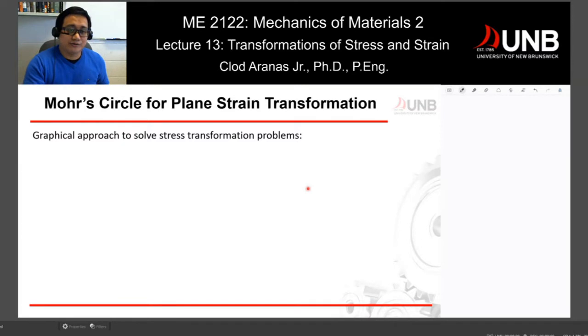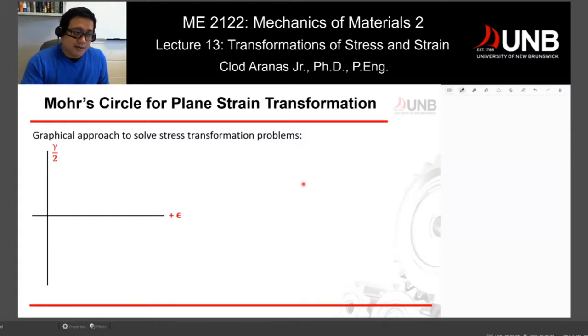So we have transformation of plane strain. We also have a graphical method. And we started the problem last meeting. We're going to continue that one. So for the graphical method, it's almost the same way as the Mohr circle for stresses. It's just in this coordinate system, we have shear strain divided by 2, and we have normal strain in our x-axis.